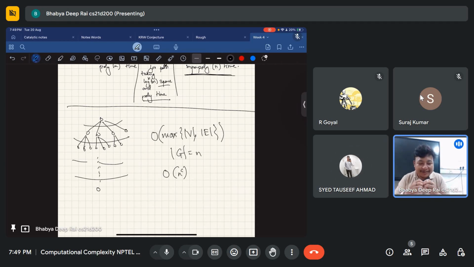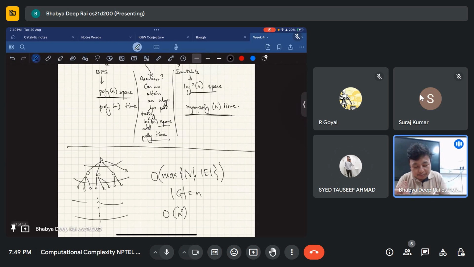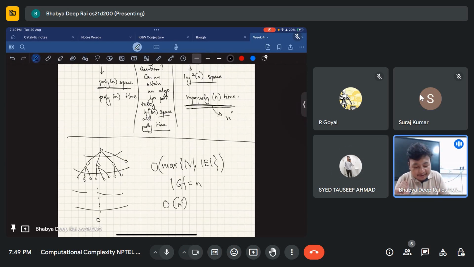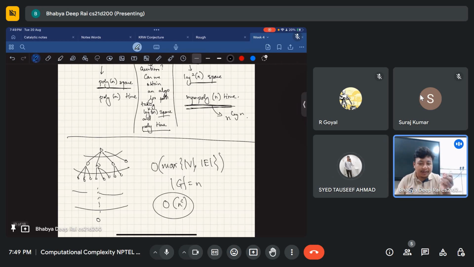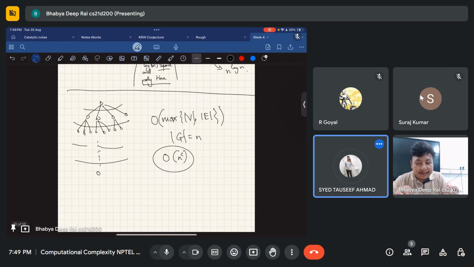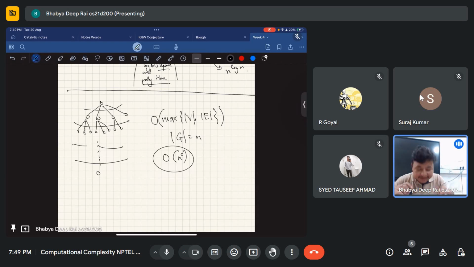For us, polynomial is very small compared to super polynomial, which is some n to the log n. So polynomial is actually very small time for us. In the worst case, we end up exploring all the nodes until the last node that we reach is actually the vertex we want. That is when the worst case happens, and it'll still take only polynomial time.